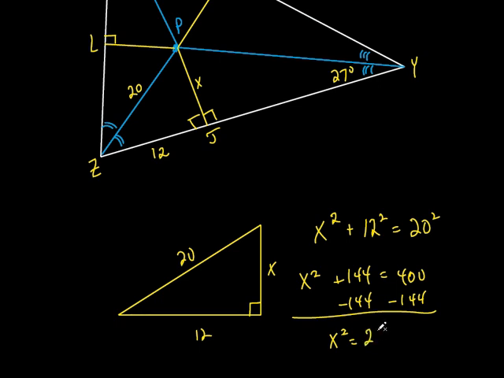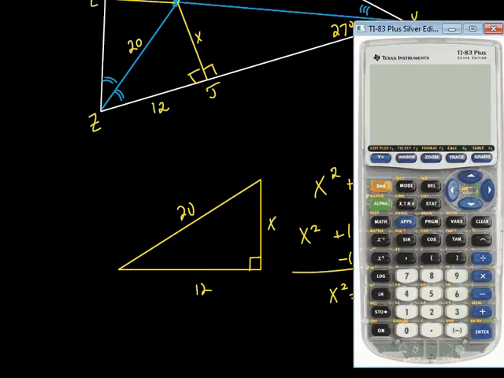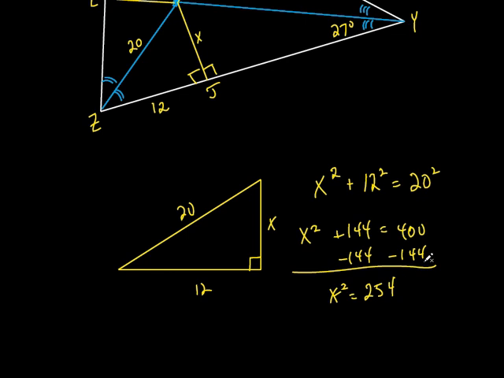254. Did I do that right? I think. Is it 254? Did I do the math right? Square root. Let's see. I shouldn't use this calculator. I can barely see it. Okay. Square root of 254. Yeah, I didn't think I did that right. I think it's 256.